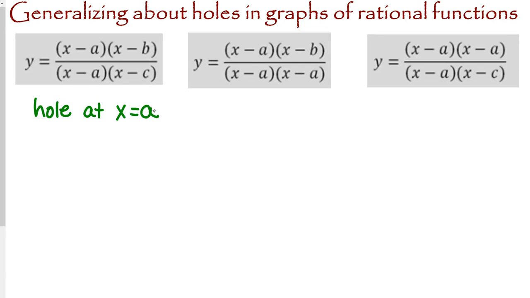For the second one, we have x minus a's that would cancel, but we would still have an x minus a on the bottom. And so we wouldn't have a hole, we would have a vertical asymptote at x equals a. And for the third one, we have an x minus a we could cancel, but we still have an x minus a on the top. That would be a hole, and it's on the x-axis.